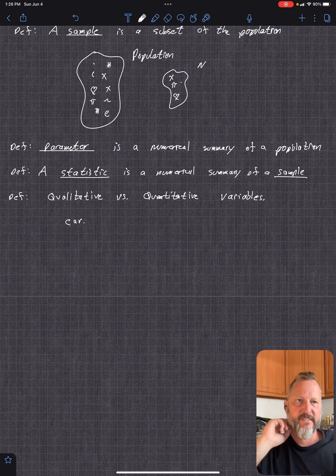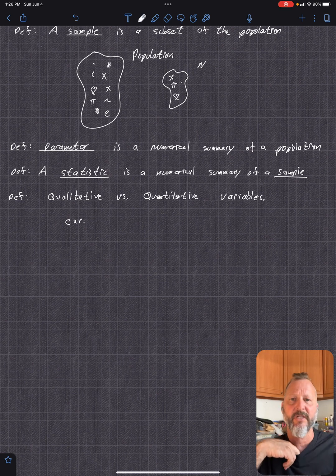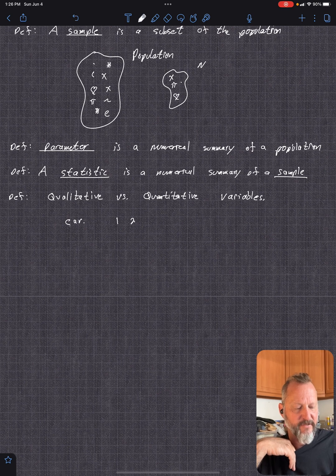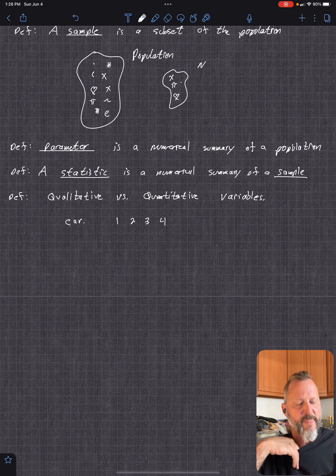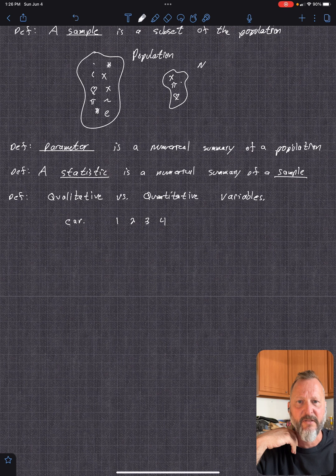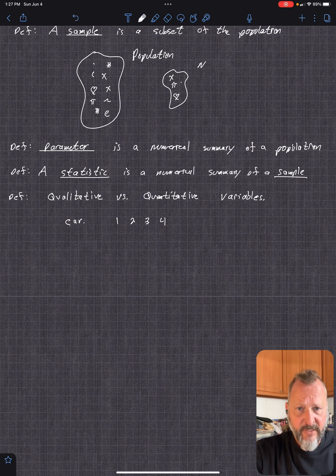Someone's going to say, I think the car is very plush. What you do in statistics is you have a scale, called a Likert scale. You say it's not very plush, sort of plush, a little bit plush, or this thing's like a Rolls Royce.